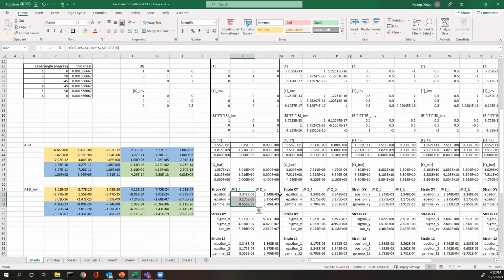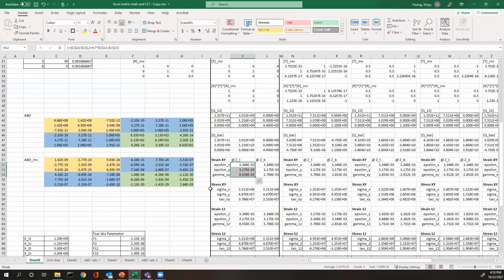I need to subtract. This is in-plane stretching plus kappa times the curvature. So that will be the total strain. Then I need to subtract another factor. So I need to modify this. I think I might have made a mistake here.